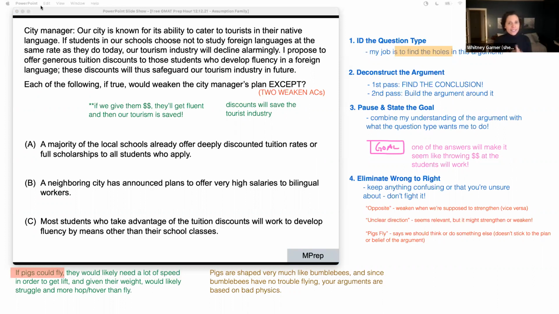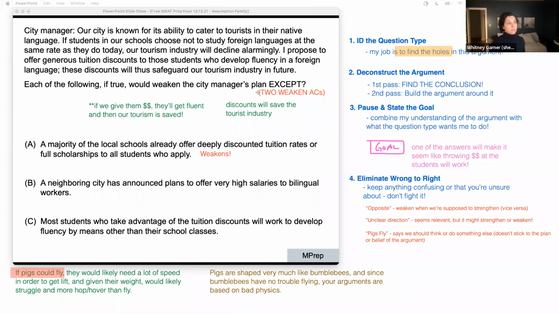Interesting. All right, so answer choice A, a majority of schools are already offering deeply discounted tuition and or full scholarships. That sounds like we should not be going after cost because it's all mostly free anyways. So this does weaken, and so we would eliminate it.